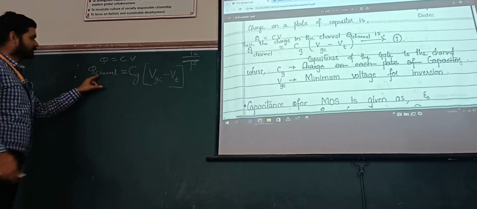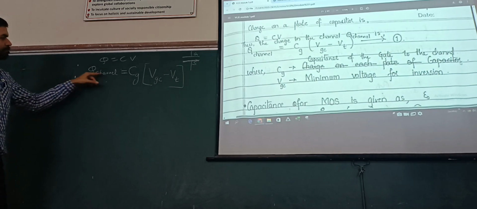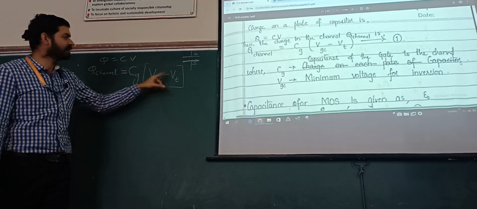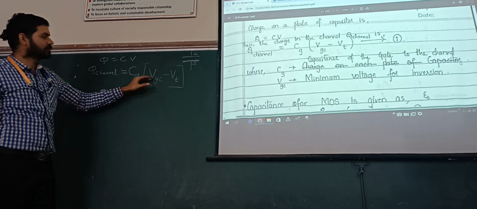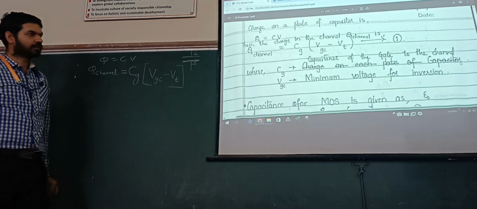So charge carriers present in the channel is given by the gate capacitance, and V, the voltage present there: the voltage which I have applied minus threshold voltage. Okay.